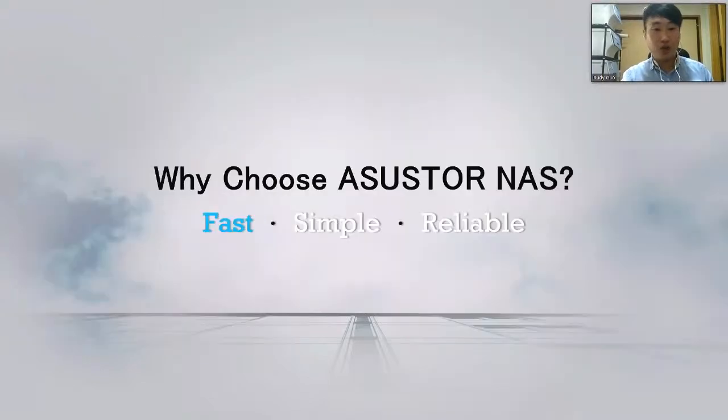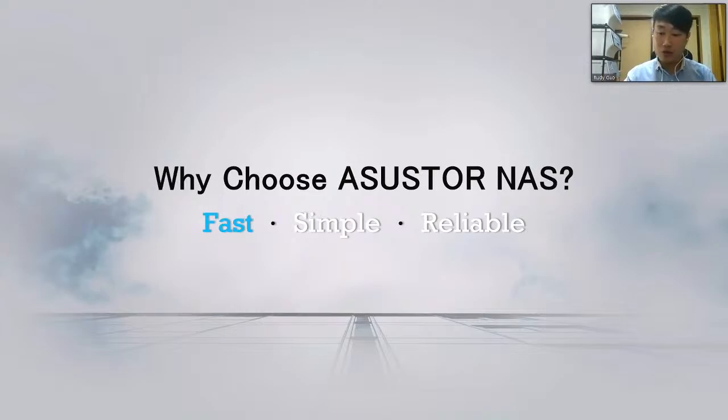All right, next: out of the many NAS brands out there, why should you choose Asustor? When we design our products, we think of our customers' needs and requirements, and ask ourselves what characteristics people want in a NAS. We came up with three slogans and features: fast, simple, and reliable.